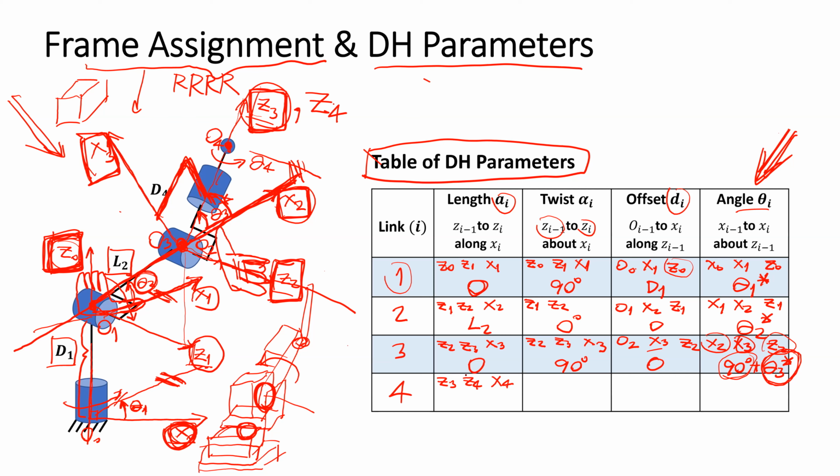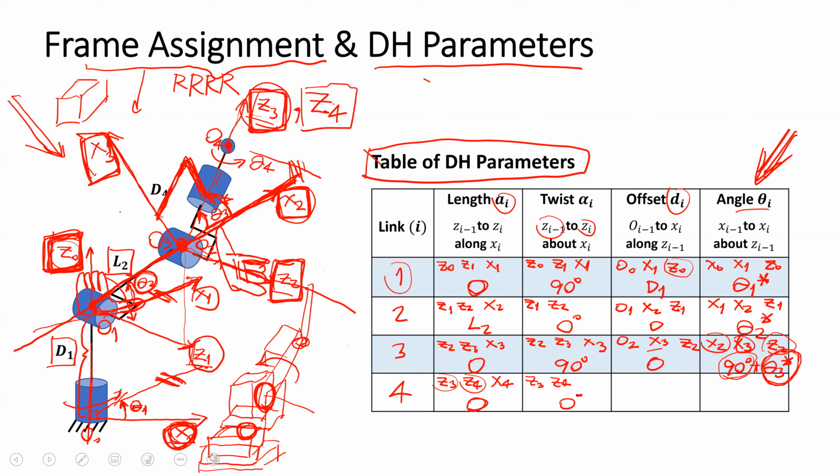C3 and C4 have the same axis, so no distance between them. The link length is 0. The twist is the angle between C3 and C4. The twist is also 0 degrees.